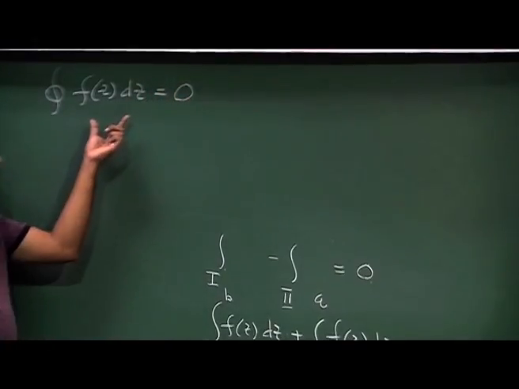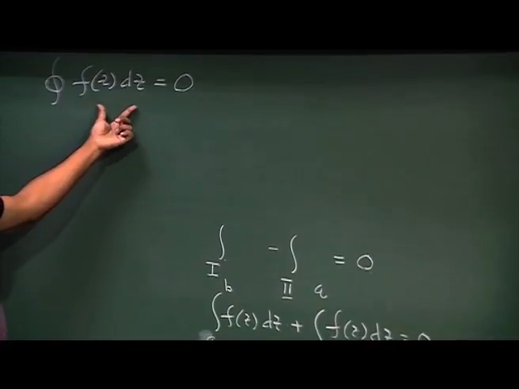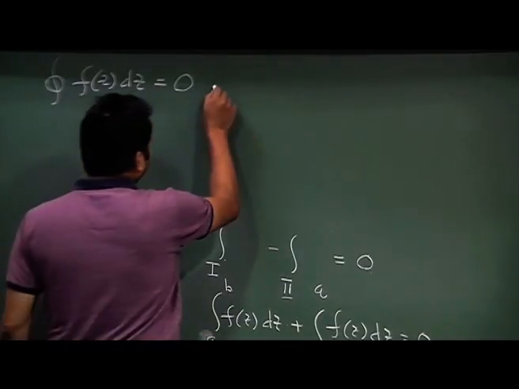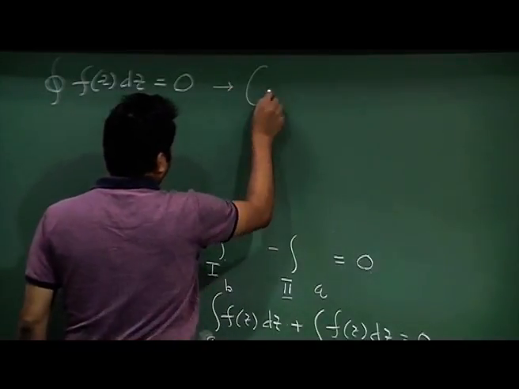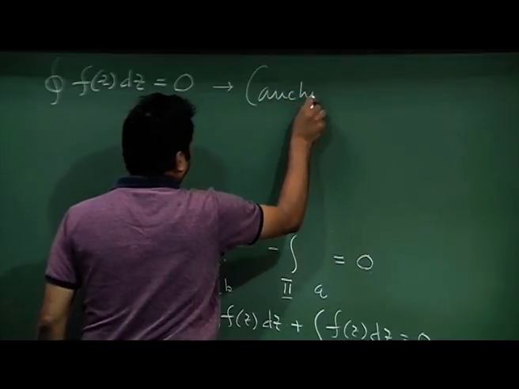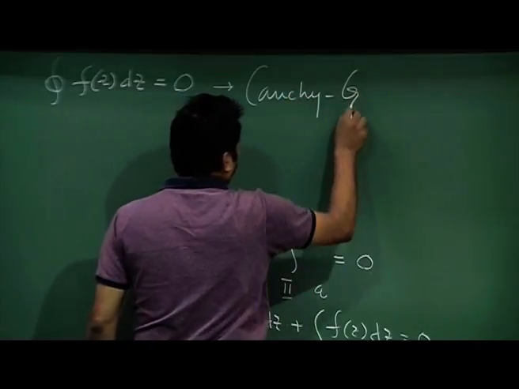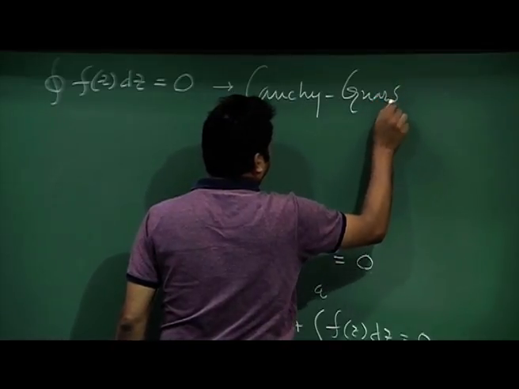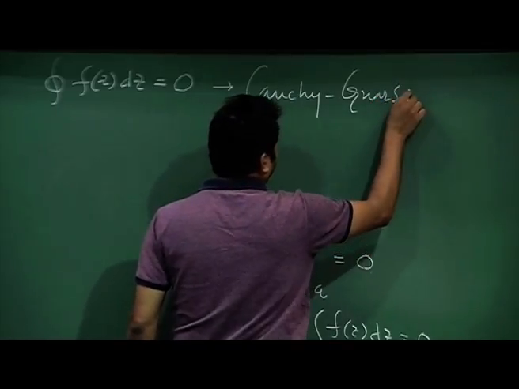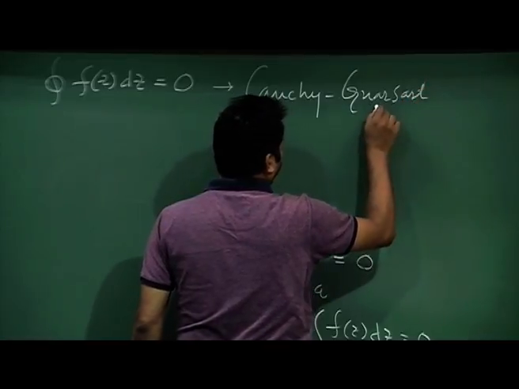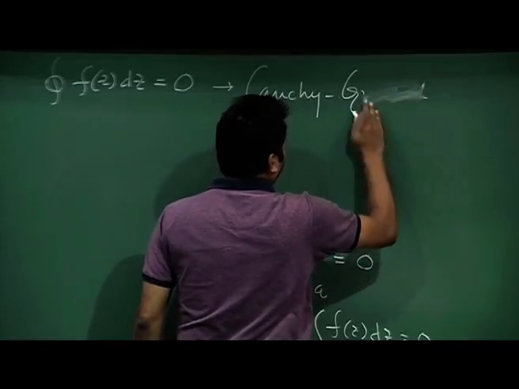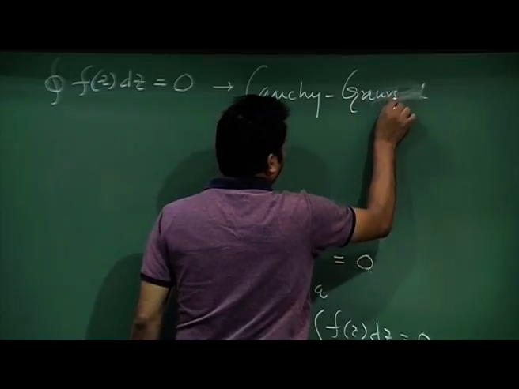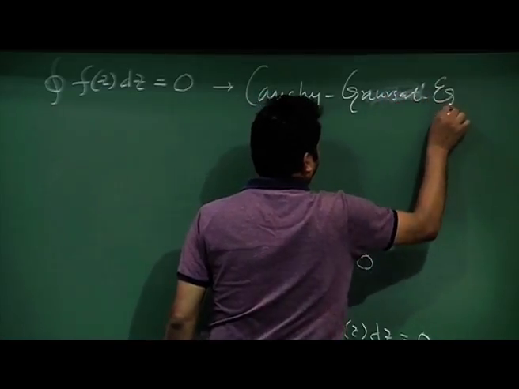That is a very important outcome that we find, and last year we mentioned this equation. This equation is called the Cauchy-Goursat equation.